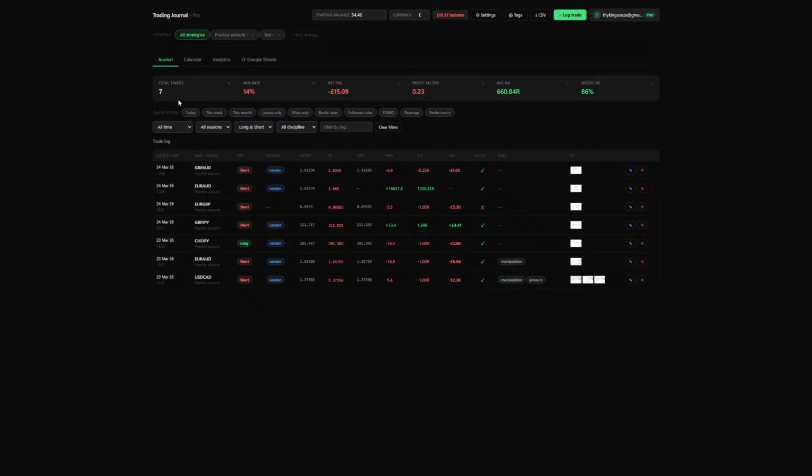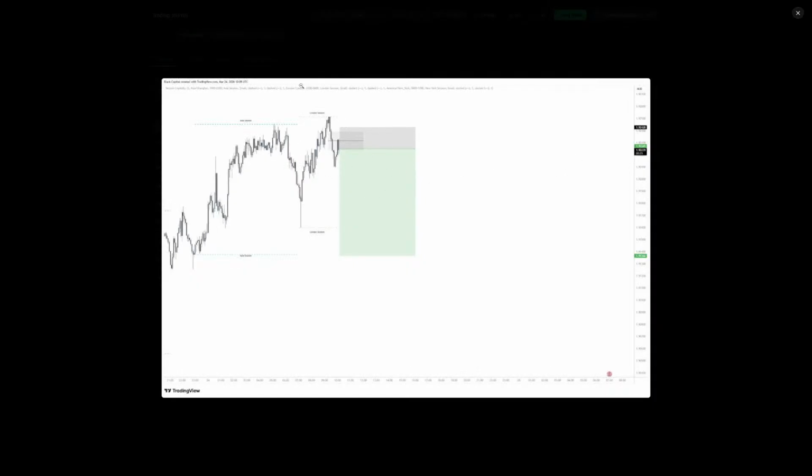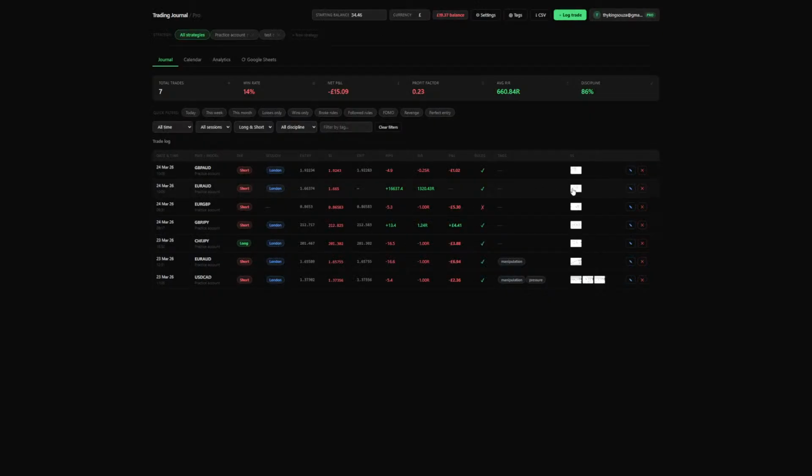One second. Cool. Right. So for example, these are all the trades I've logged. You're able to click on the trade to edit it. You can also click on your screenshot to see what you took. This was before the trade happened.